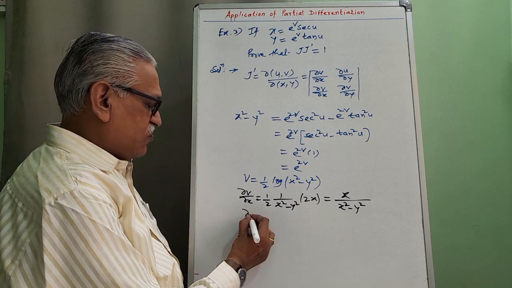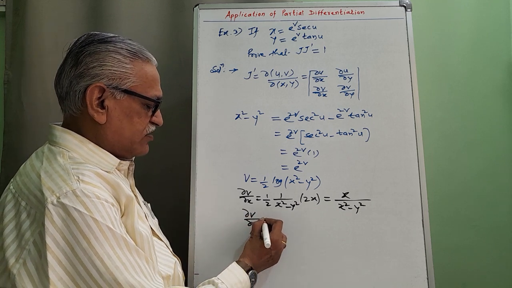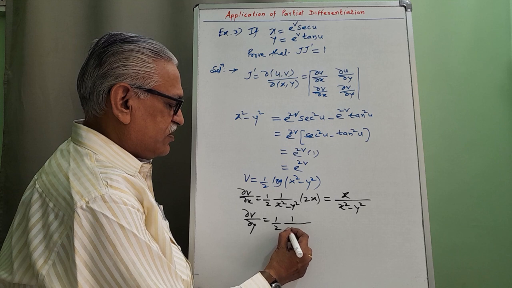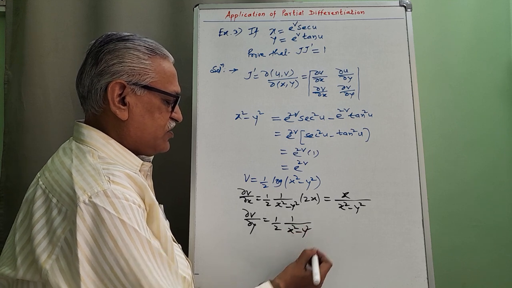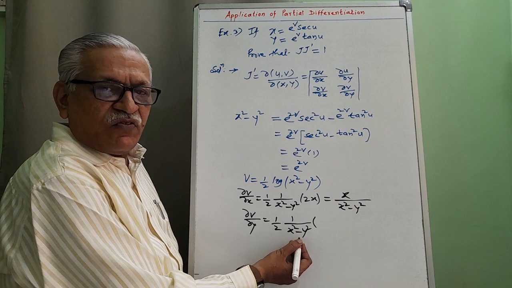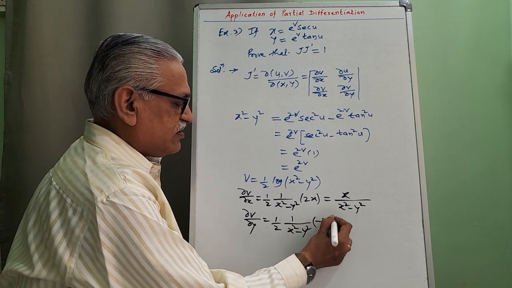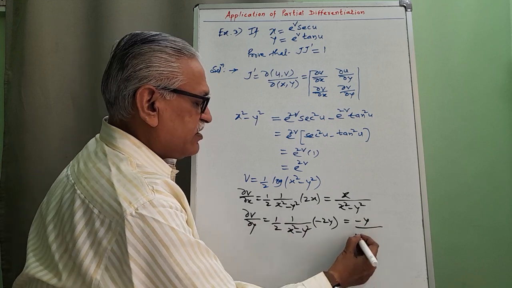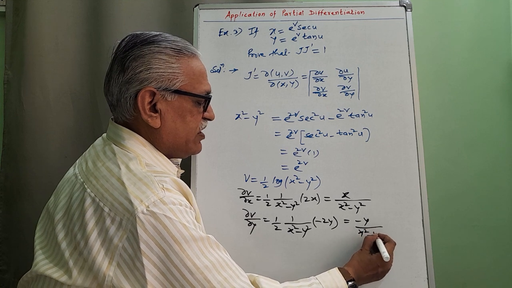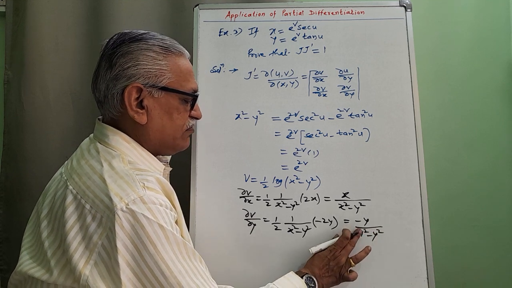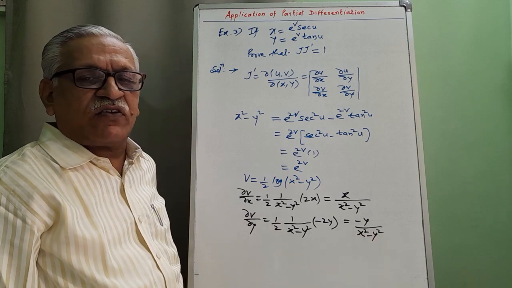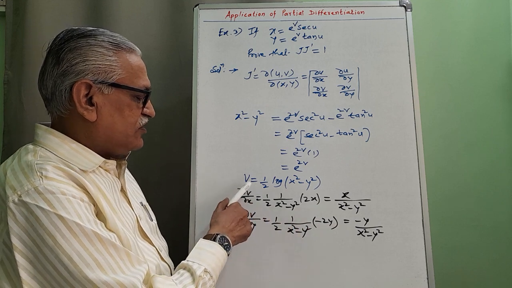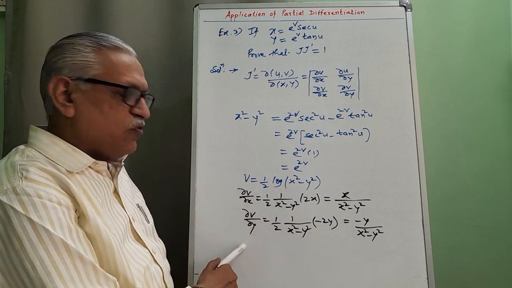Then dou v by dou y, this time keeping x constant, again 1 by 2, derivative of log is 1 upon x square minus y square. Chain rule, differentiation of this term with respect to y is minus 2y. The 2 gets cancelled, we get minus y divided by x square minus y square. Therefore, these are the values of dou v by dou x and dou v by dou y.